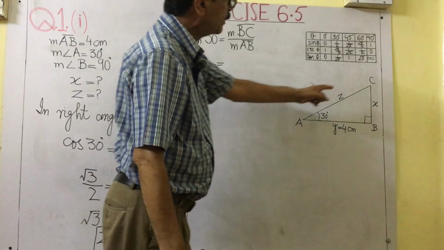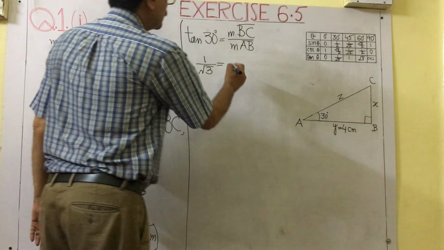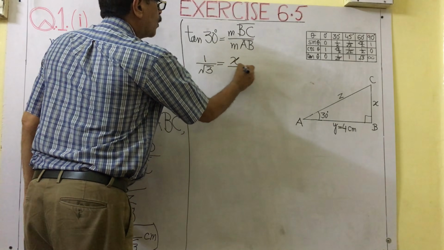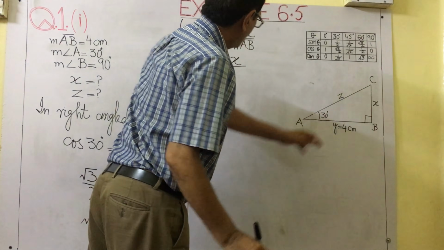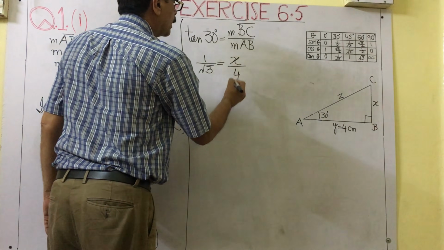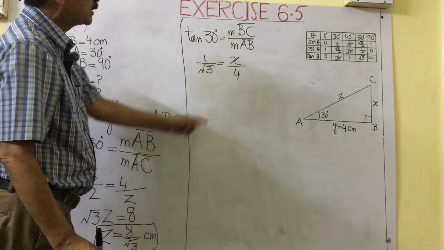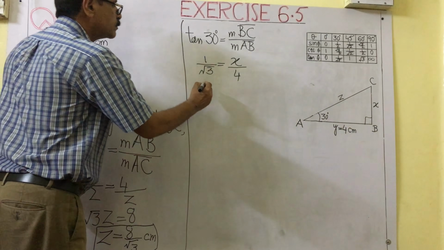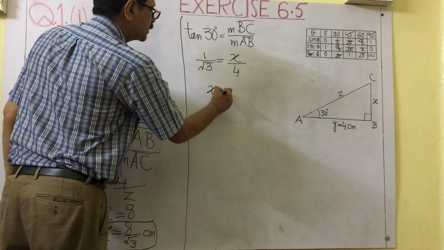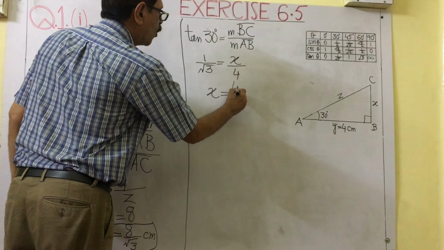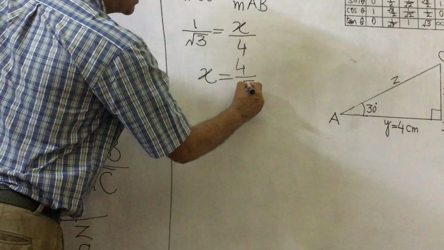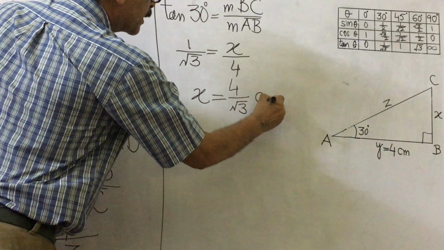Measurement of BC, x, over AB, 4. Multiplying both sides by 4, x is equal to 4 over square root of 3 centimeters.